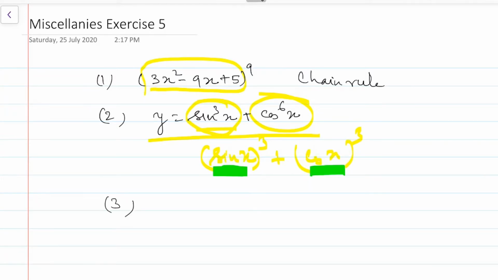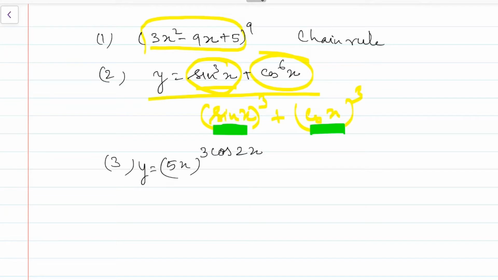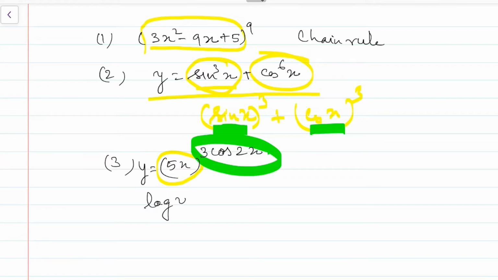Now question number 3. The function is variable raised to the power variable. This is a variable and it has got a variable power. So where there is a variable raised to the power variable, we have to take log. So log of y will be equal to log of 5x raised to the power 3 cos 2x.